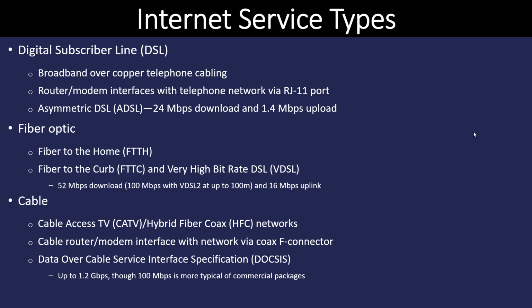And it uses a specification called DOCSIS, and I think we're on DOCSIS 3 point something at the moment. And lastly, what we're all after is fiber optic to the home, and we have a couple of different ways that we could get here. We could have fiber coming all the way to the house, so the end of the fiber cable is at our house, or fiber to the curb, where then there's another copper wire run from the curb into our house.